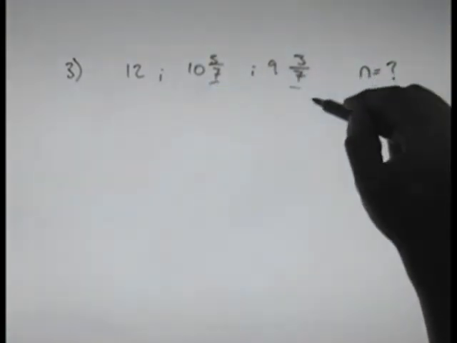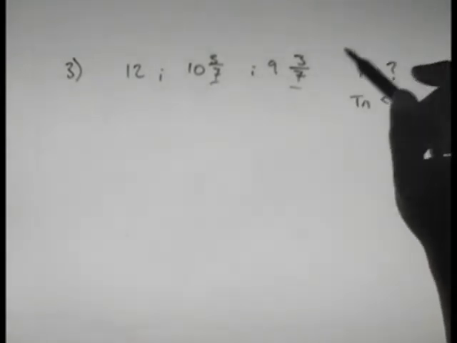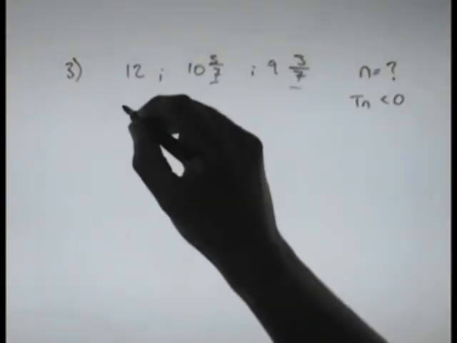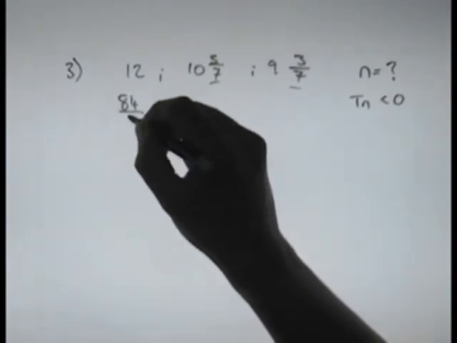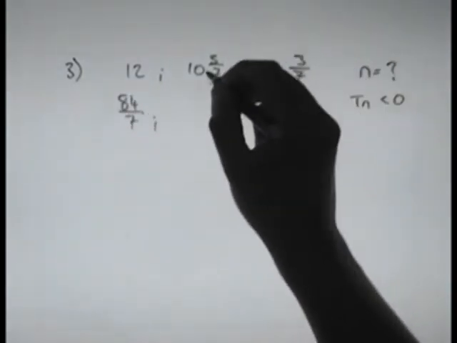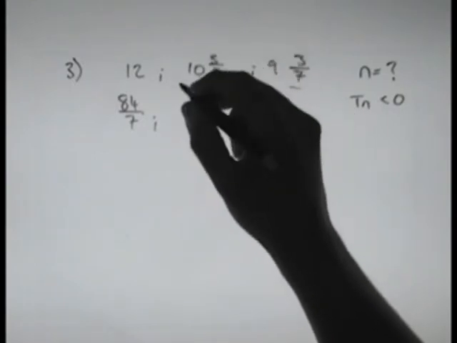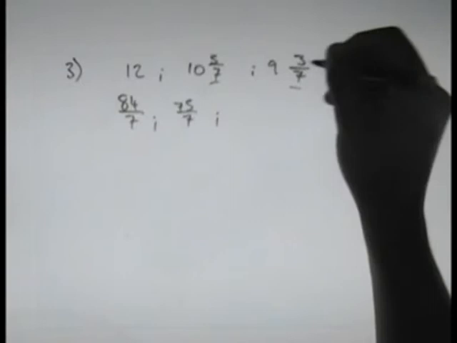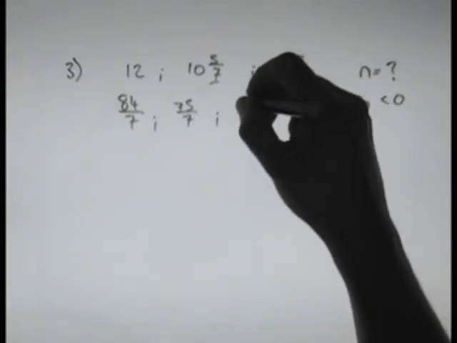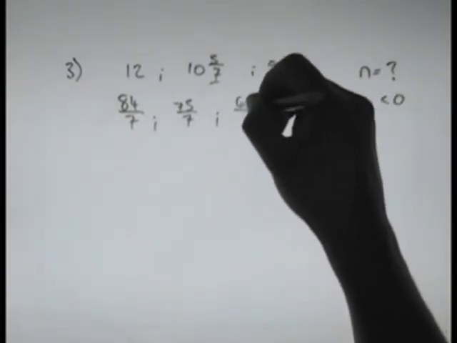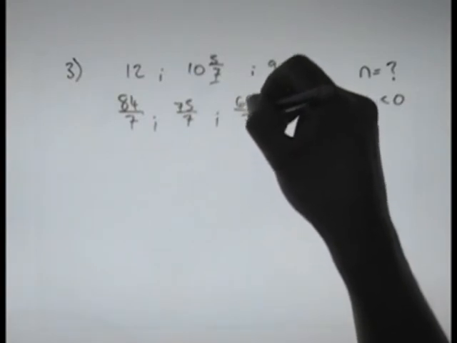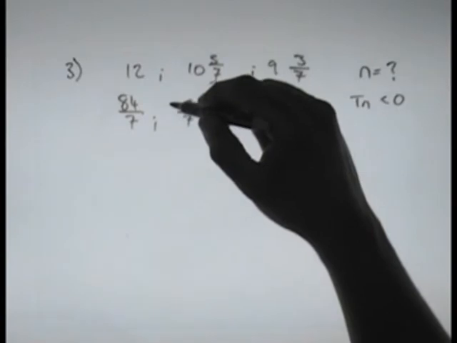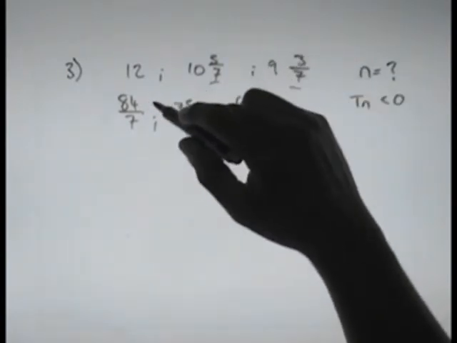They've got a common denominator of 7, sort of. So I'm going to convert this to all being over 7. 12 is the same as 84 over 7. 10 and 5 over 7 is the same as 75 over 7. 9 and 3 over 7 is the same as 66 over 7. Aha, now look at this. What's our common difference?